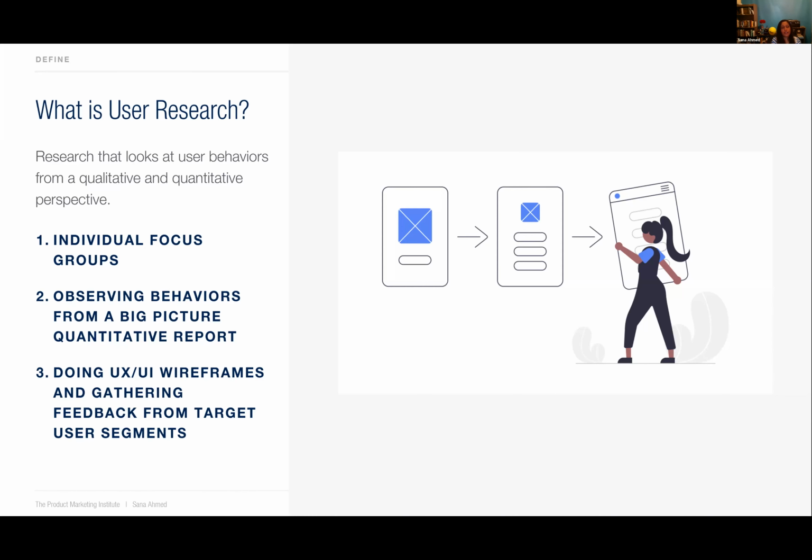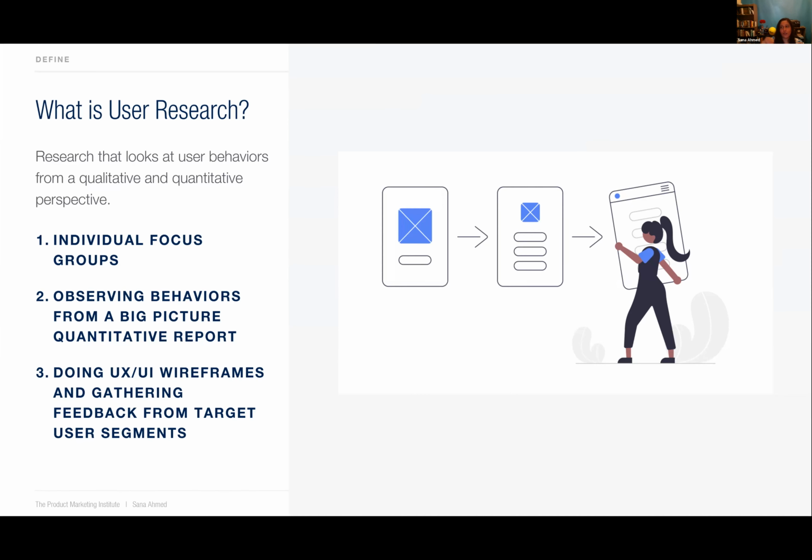And the third thing is being able to do UX and UI wireframes and gathering feedback from your user segments. So I just want to break that down for a second. For any of you who have been doing product management to a degree, you may be familiar with the process early on in discovery and user research of trying to sketch out wireframes.